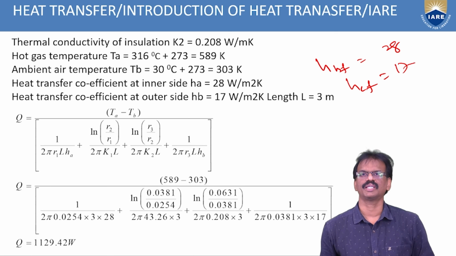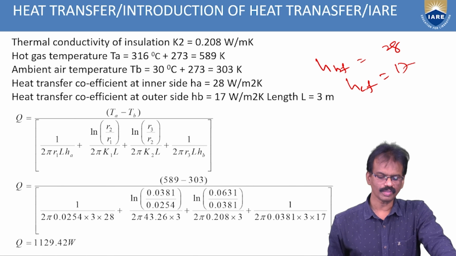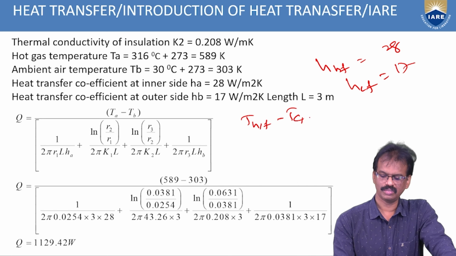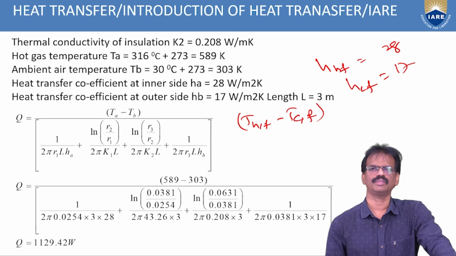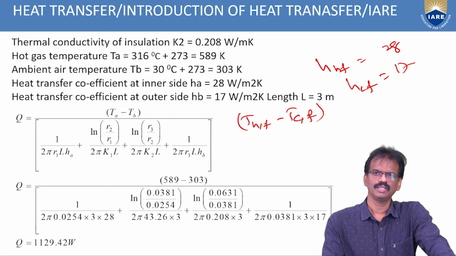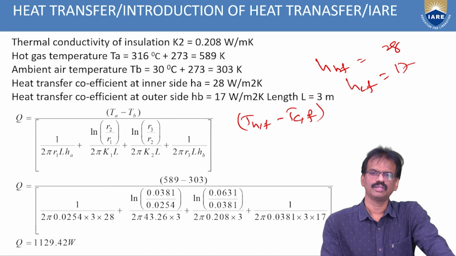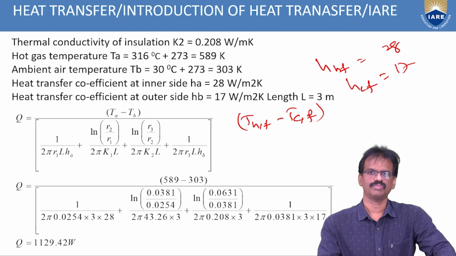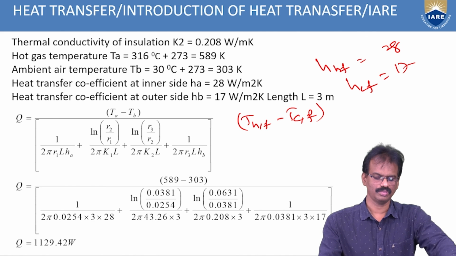You can take the formula directly. The inner temperature is T1. TA minus TB, that is, TH hot fluid minus TC cold fluid. TA is the inner hot fluid temperature and TB is the outer cold fluid temperature. You know the formula, just what was derived in the previous slides.